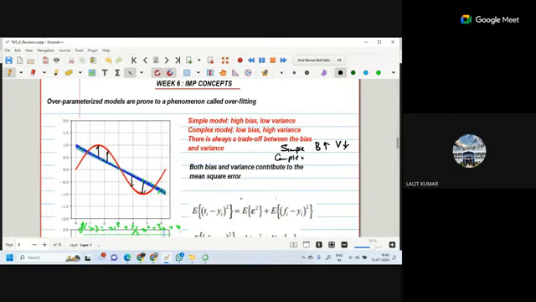Complex, bias is low and variance is high. And how do you come to know about the complexity of a model? By knowing the polynomial degree. The higher the polynomial degree, the more complex the model.